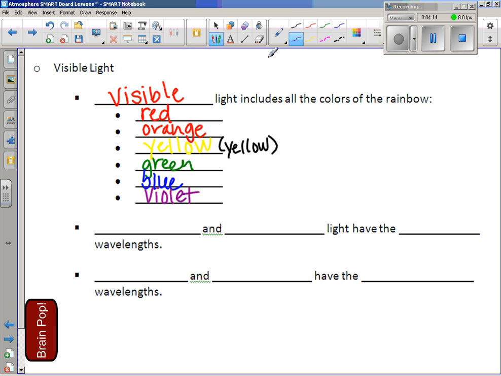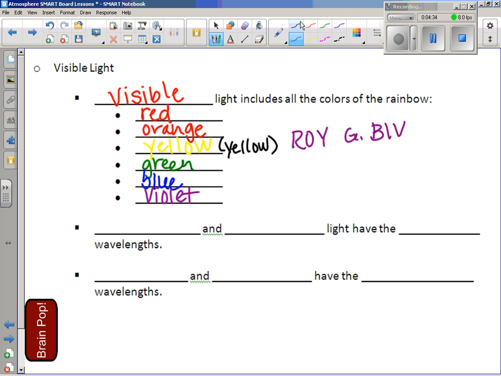Now, it used to include indigo, which was a true shade of blue, but scientists have started to exclude indigo. One way that I learned in school how to remember the colors of the rainbow in order was Roy G. Biv.